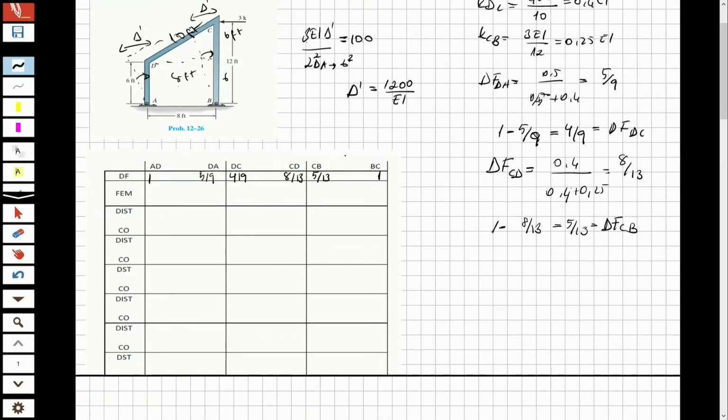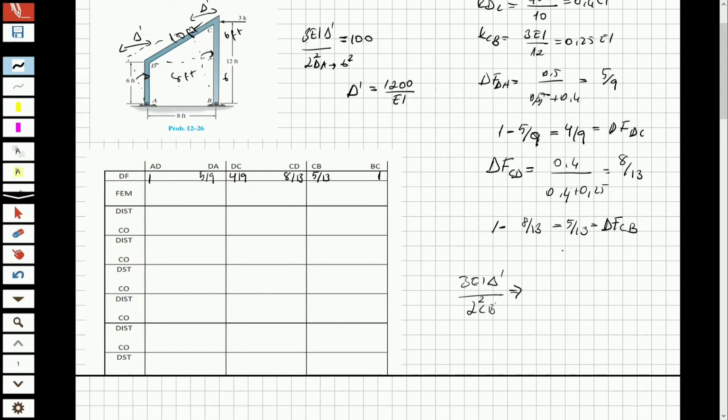Okay, so let's do it. This will also be 3EI delta prime over L CB square.